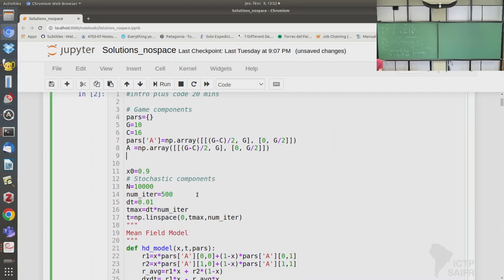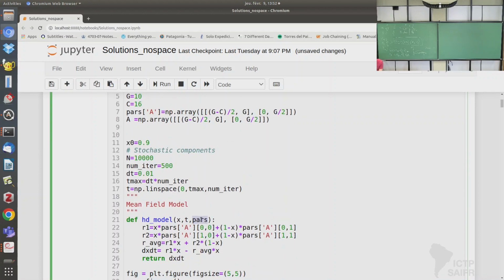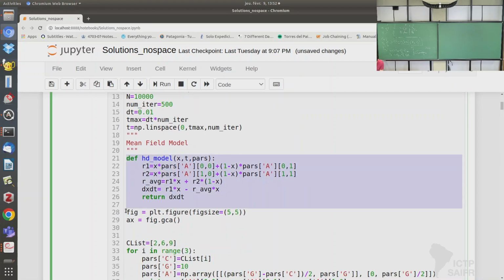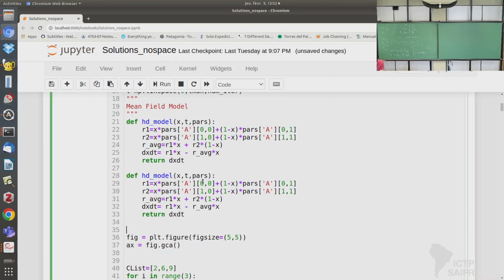And now the function, you need to change it. So the function will be something like this.